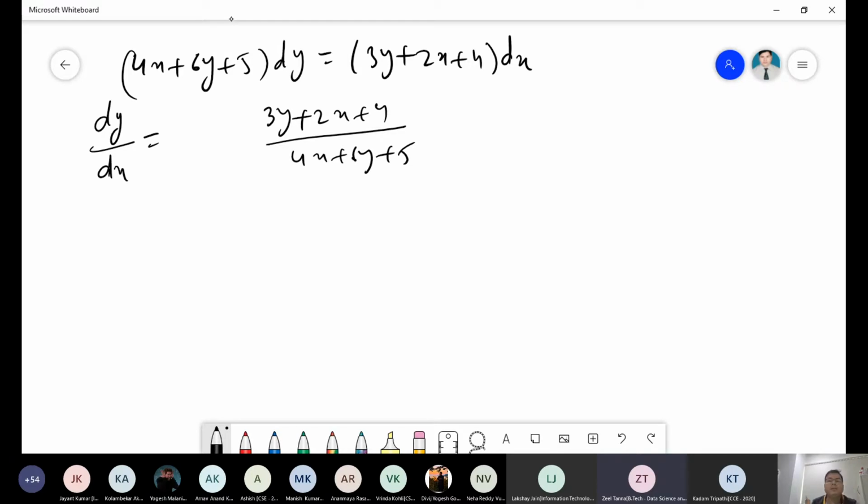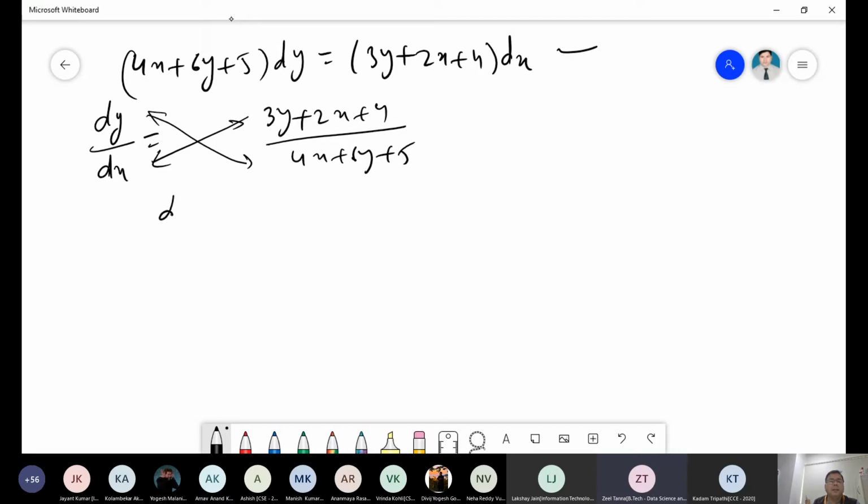So this is a homogeneous equation. But for making the question a little more complex and confusing for students in the exam, we just rearrange these questions. Yeah, everybody is with me now. We can rearrange like this, or also go further.